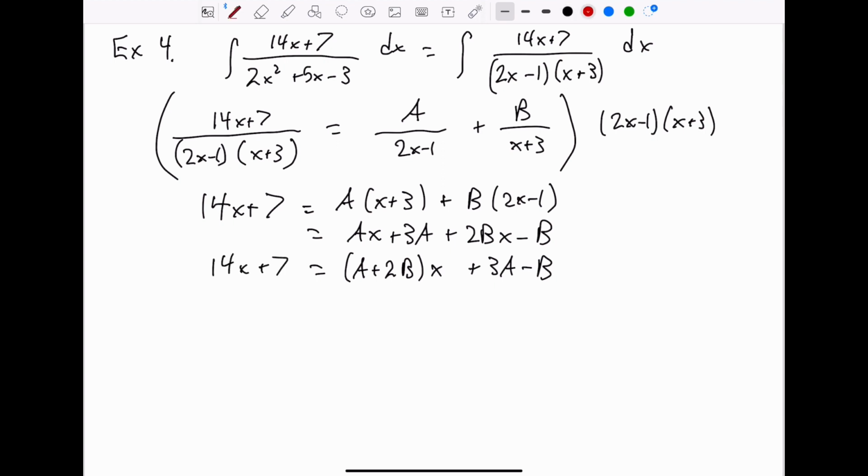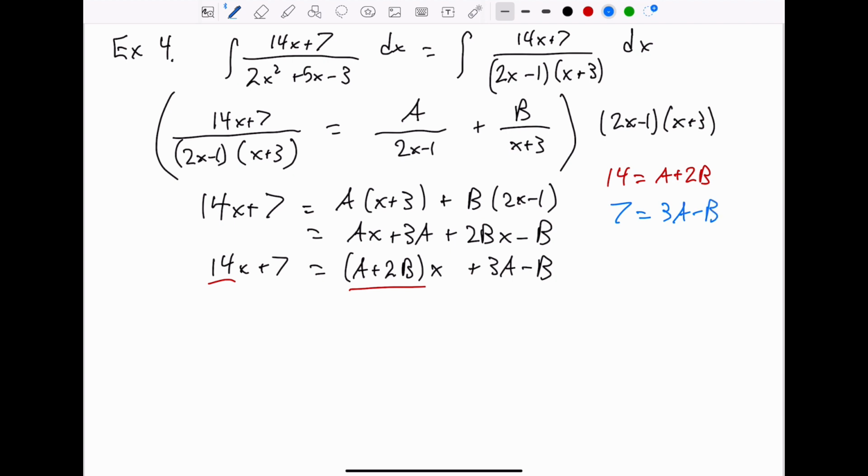Once again, in order for two polynomials to be equal, the corresponding coefficients have to be the same. So 14 must equal a plus 2b, because it's the coefficient on the x for both sides of the equation. The two constant terms also must be equal. So 7 must be equal to 3a minus b.